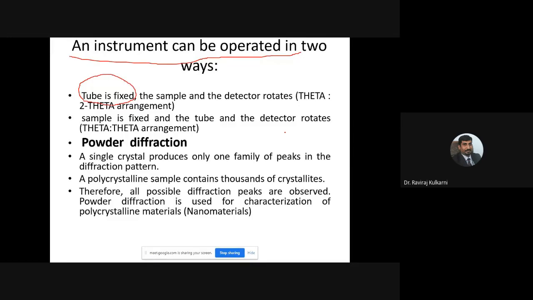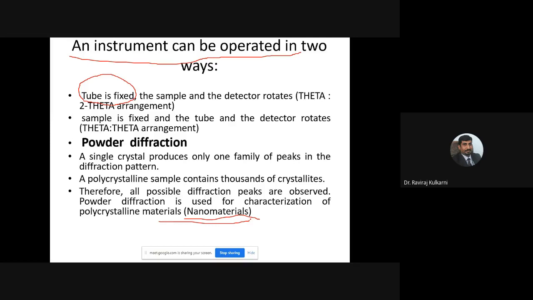Powder diffraction. A single crystal produces only one family of peaks in the diffraction pattern. In polycrystalline samples, there are so many nanoparticles, so many crystals, thousands of crystallites. Therefore, all possible diffraction peaks are observed. So diffraction is used for the characterization of nanomaterials. Which kind of X-ray diffraction technique do we use?